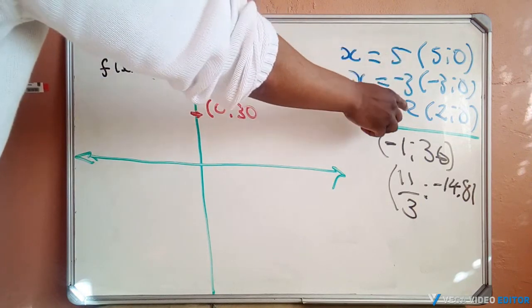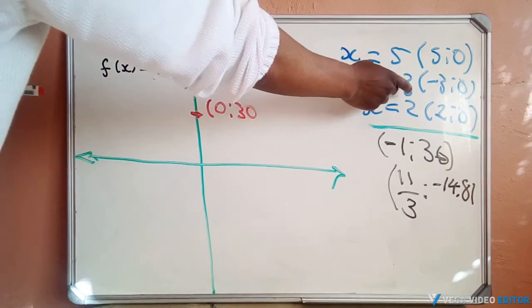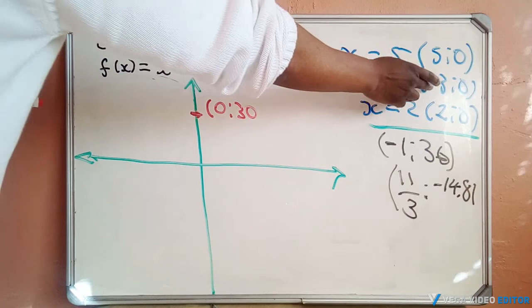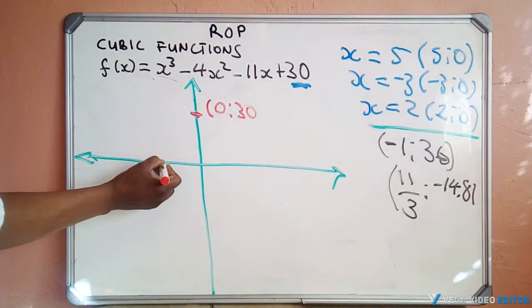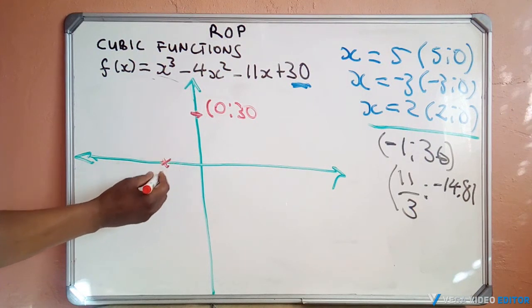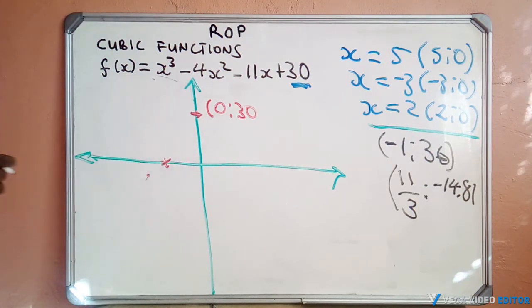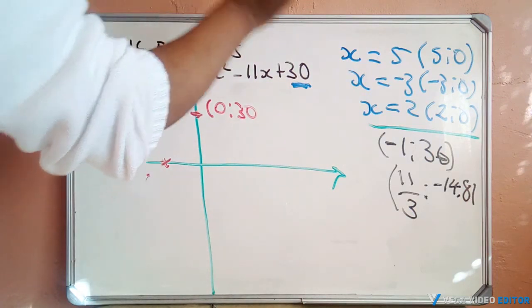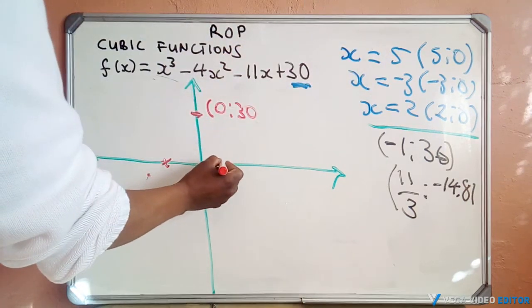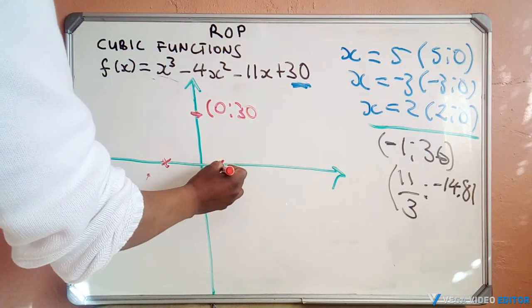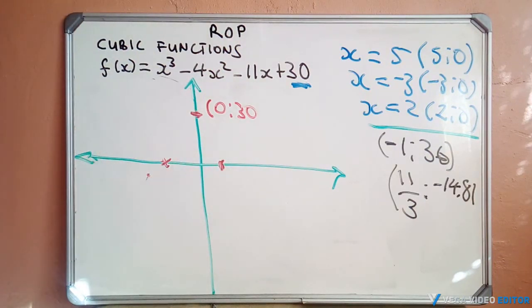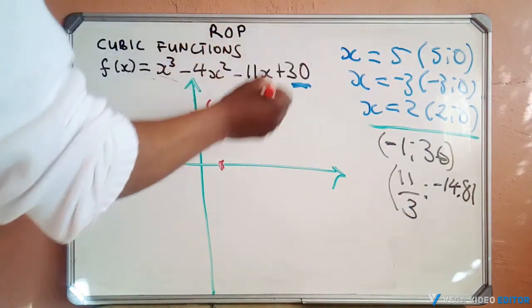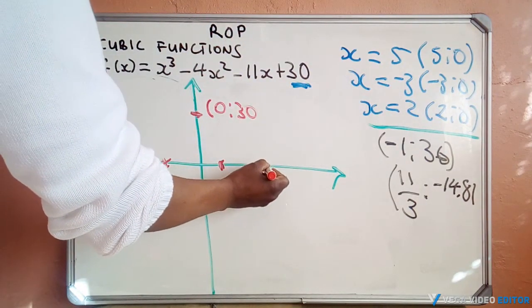Let's start with x, -3 and 0. Let's say our -3 and 0 is here. And then we've got 2 and 0, which is here. Remember, it's not really drawn to scale, right? And then we've got 5 and 0, maybe probably there.